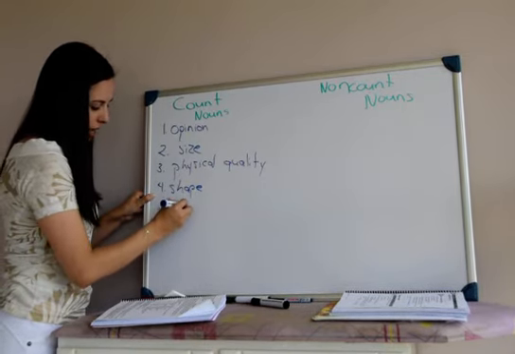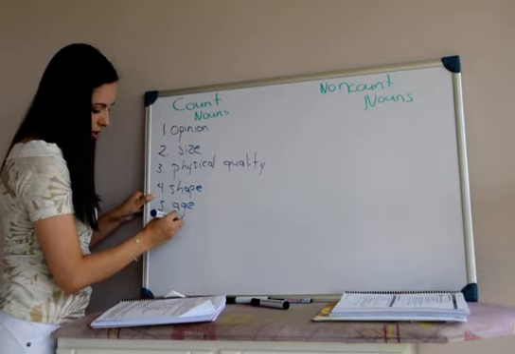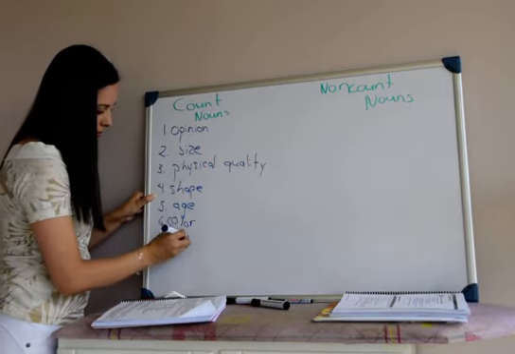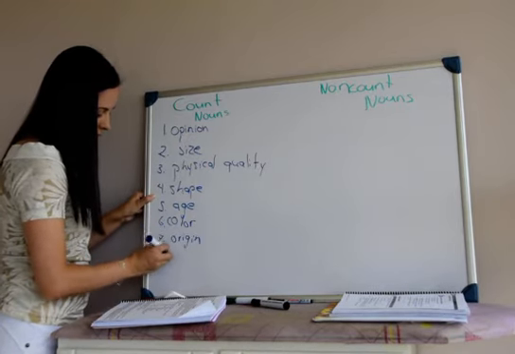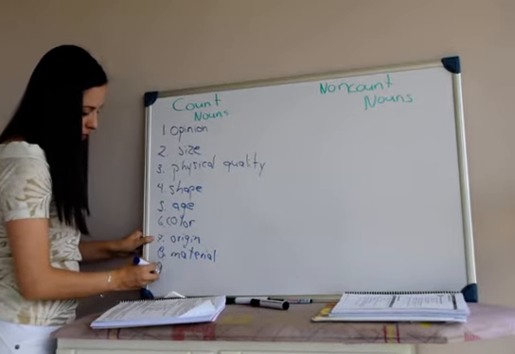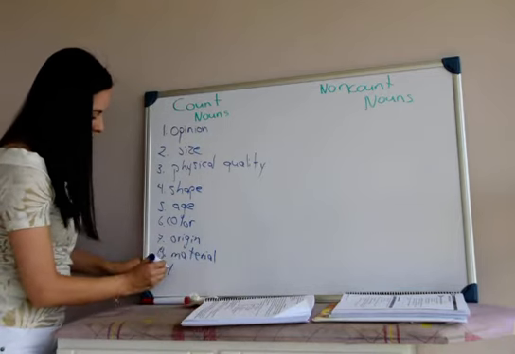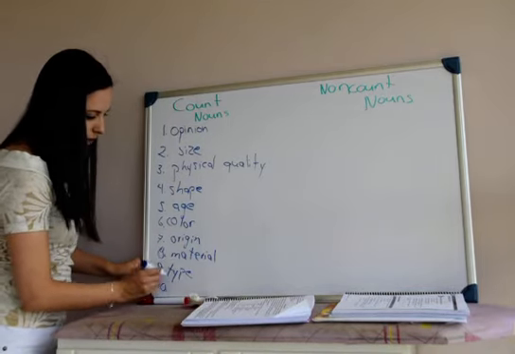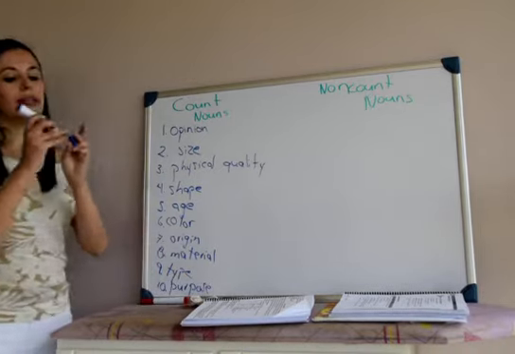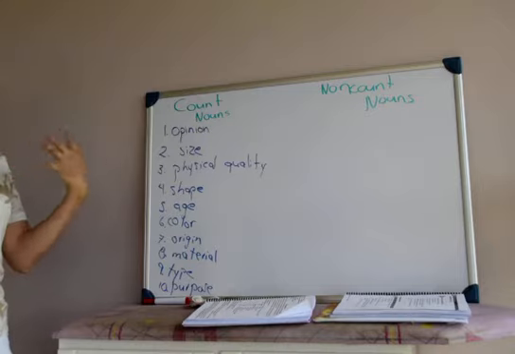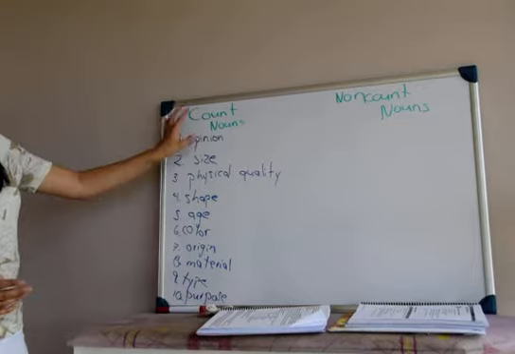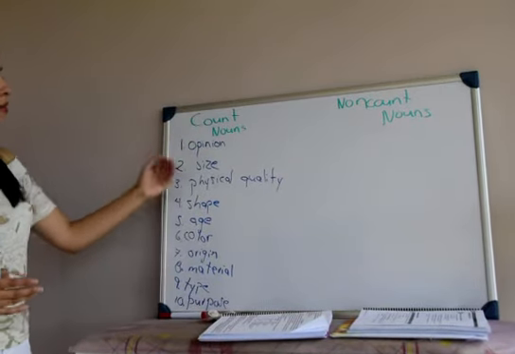Number 5 is age, color, origin, material, what the item is made of, type, oops, I don't have space, and number 10, purpose. So what does this mean? It means that if we want to add a deeper description of an item, and if we want to use more than one adjective, we need to follow this specific order.